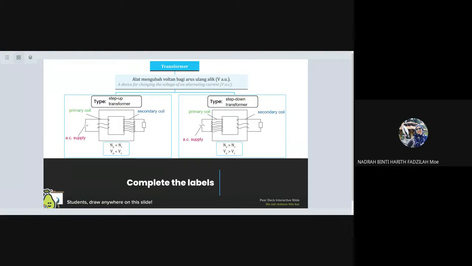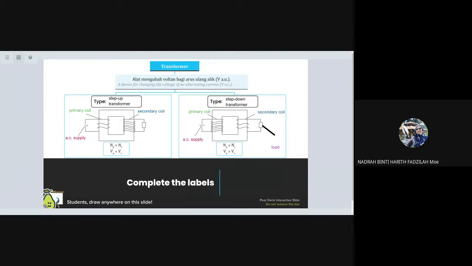And on the right side tu adalah secondary coil. Lepas tu kan ada satu petak kecil di bawah yang connected kepada secondary coil tu, itu adalah load, LOAD ya, load. Iaitu ada satu petak kecil tu. Okay, kalau nak label pun tak apa ya, sebab saya tak buat garis untuk label tu kan.